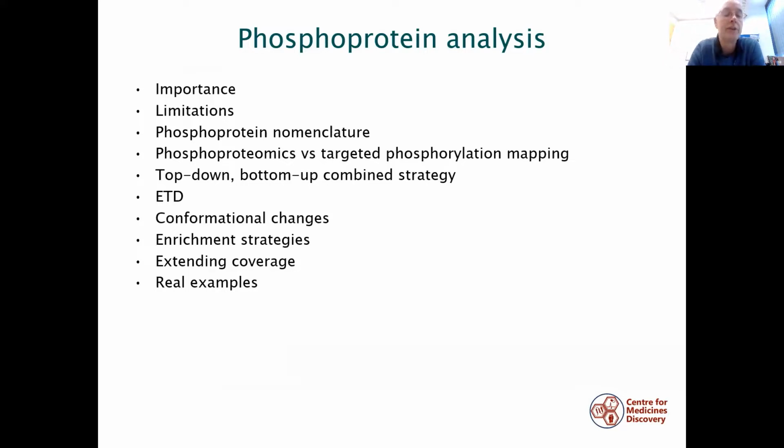We'll look at using electron transfer dissociation. We'll look at some ways of measuring conformational changes as a result of phosphorylation. We'll look at enrichment strategies for phosphopeptides, how to extend coverage for phosphorylation mapping, and we'll also look at some real examples.